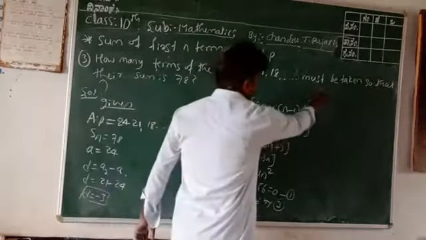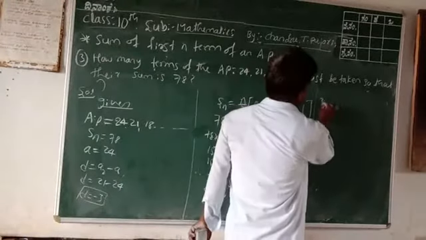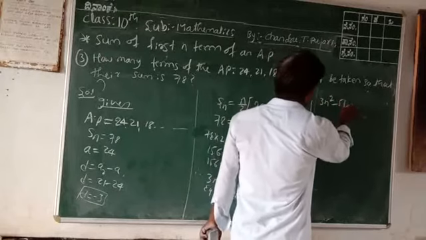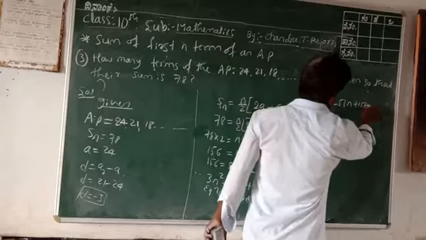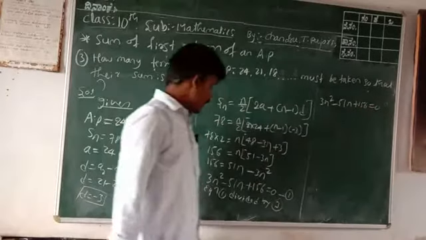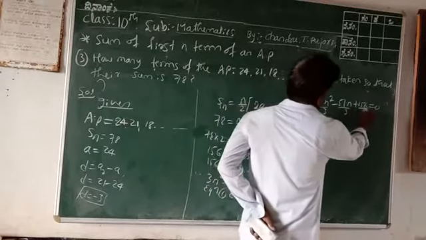Therefore, 3n square minus 51n plus 156 is equal to 0. You can divide by 3 on both sides.